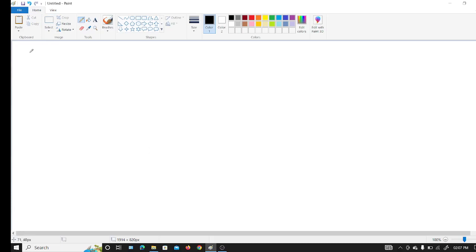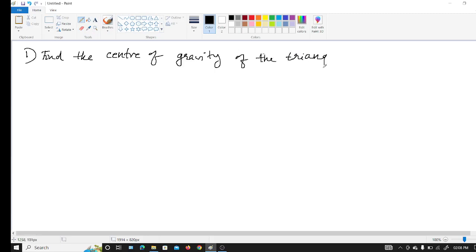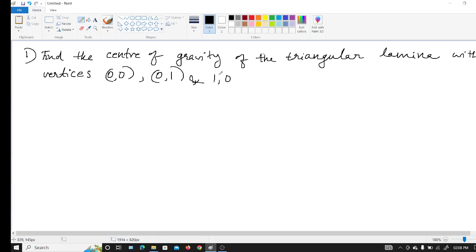So, first question, find the center of gravity of the triangular lamina with the vertices 0, 0, 0, 1 and 1, 0.